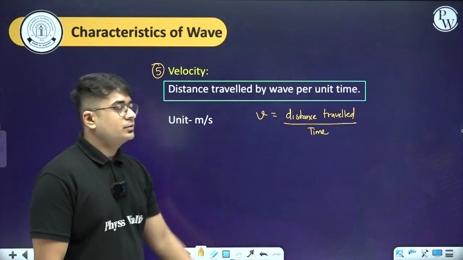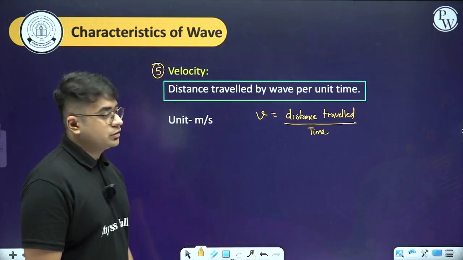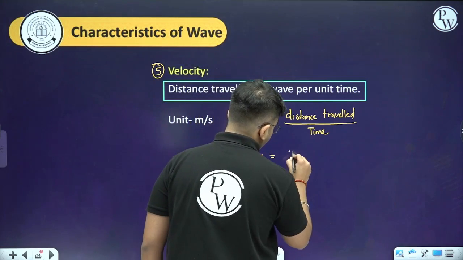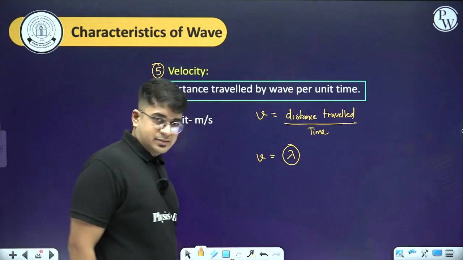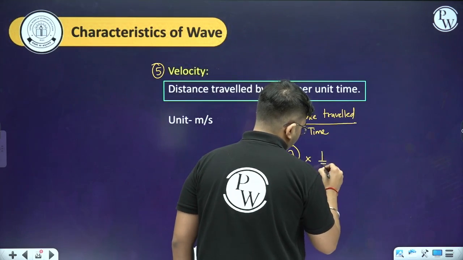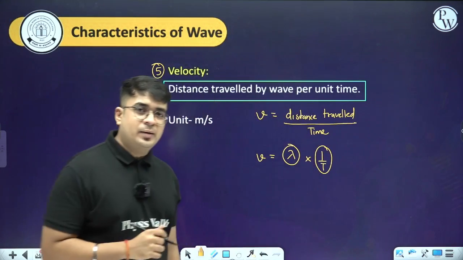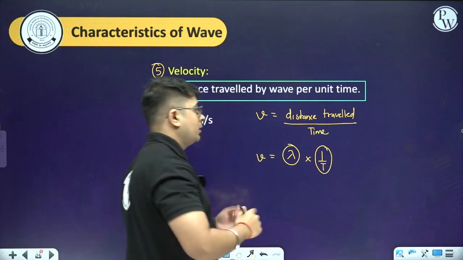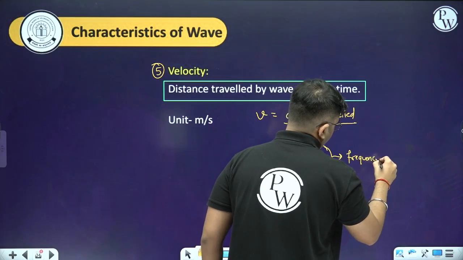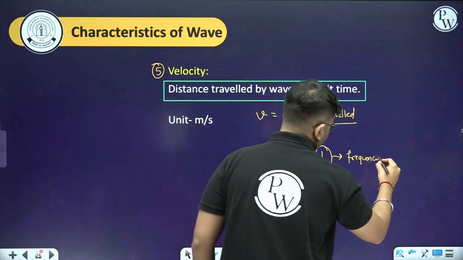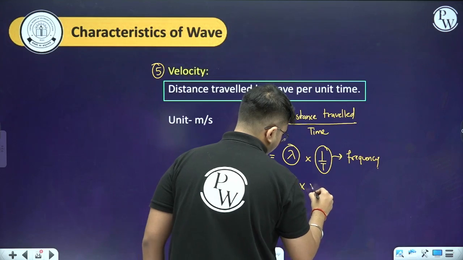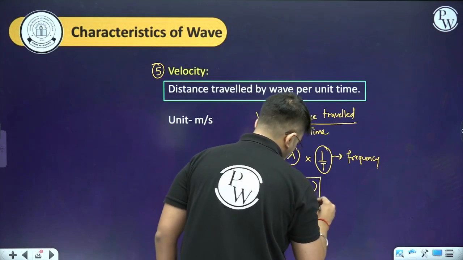This is the basic idea related to the entire portion. Now from that particular part, you know that velocity will be equal to distance traveled. In terms of wave, distance is basically your wavelength, and the number of waves passing a particular point per second is basically your frequency. So there is a relationship: velocity will be equal to lambda multiplied by your frequency.